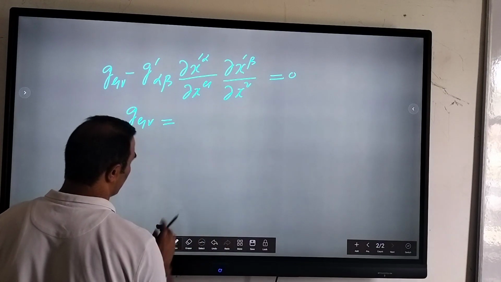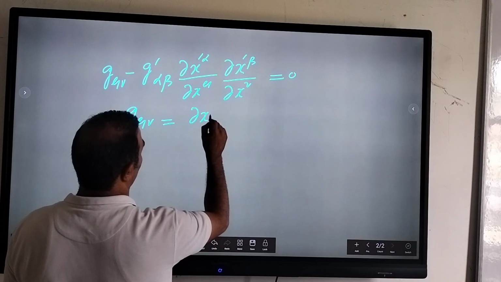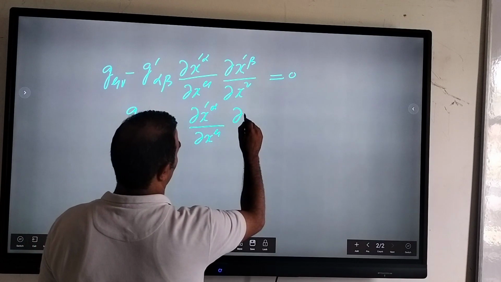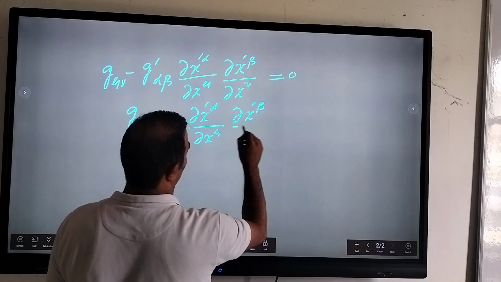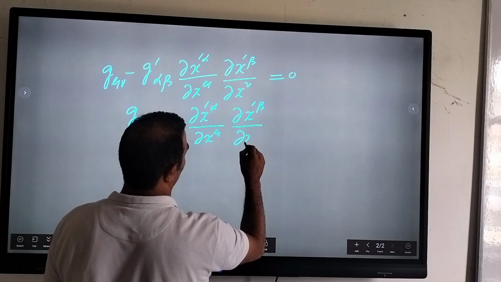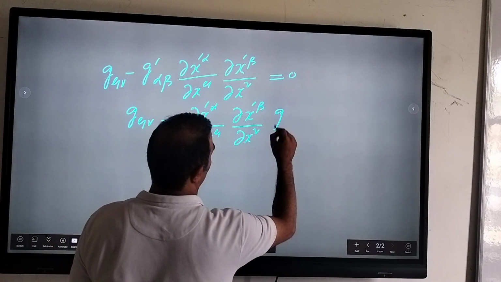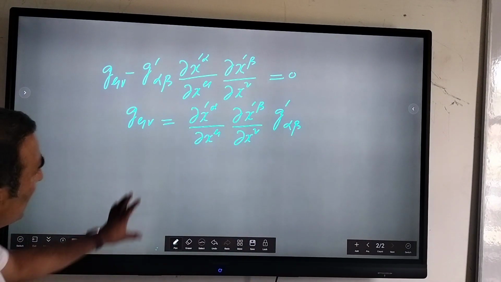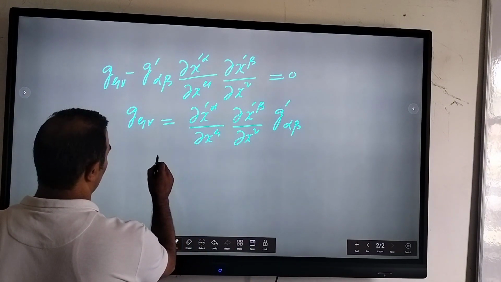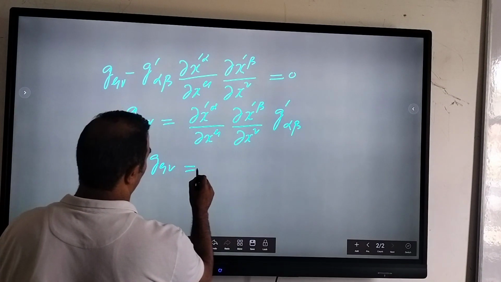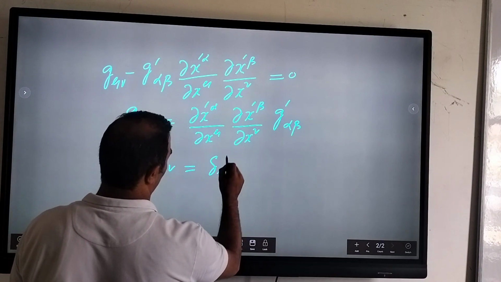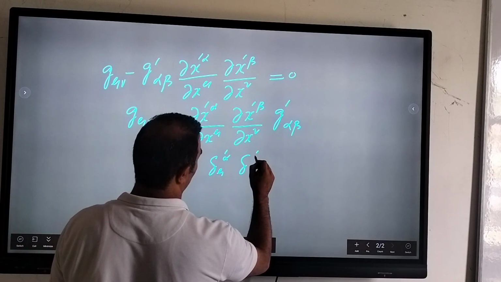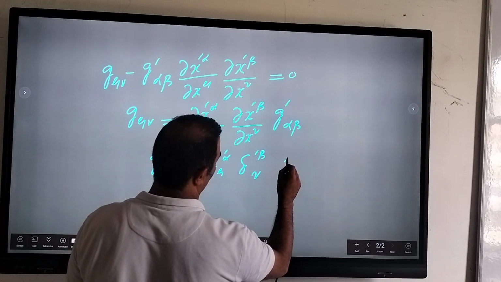So write first a transformation matrix, then we can write this as partial x square alpha. Okay, right? This is equal to that g mu nu equal to alpha mu alpha prime delta prime mu.